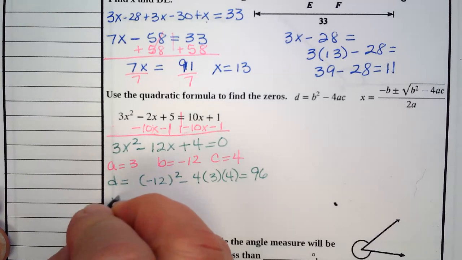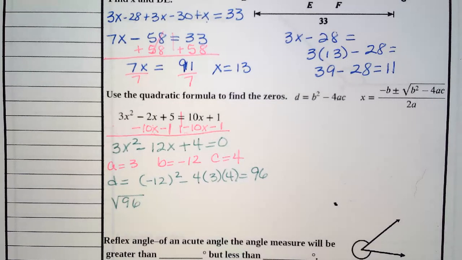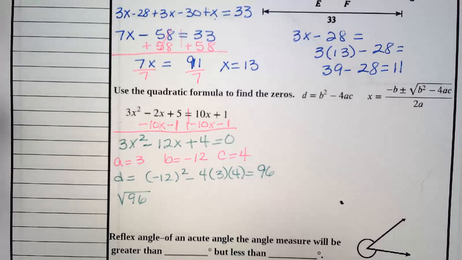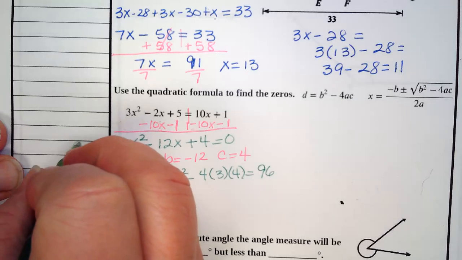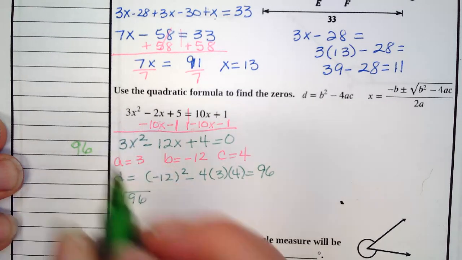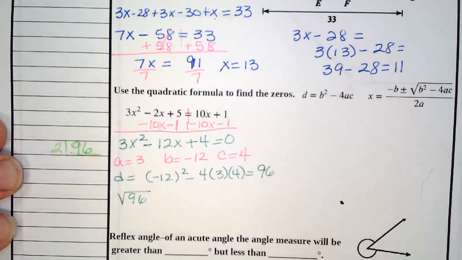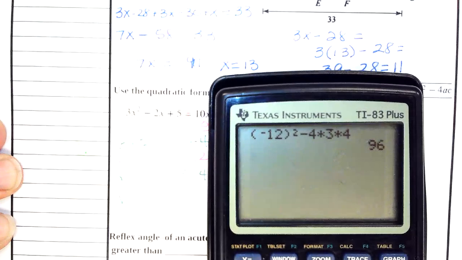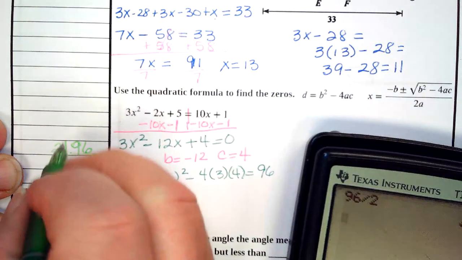So when I take the square root of 96, I've got to find its prime factorization. So, I want to take 96. Is it even? Yes, so I can divide by 2. Okay, I've got 48.